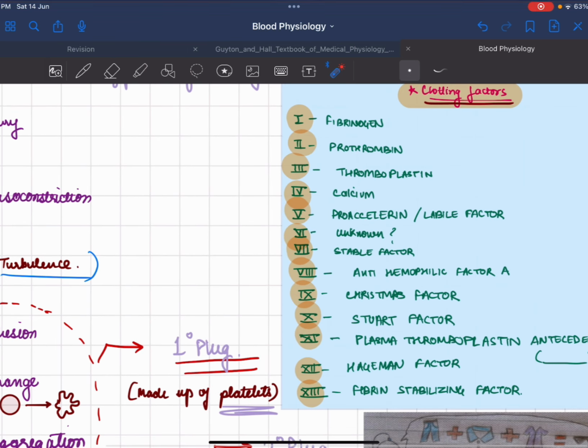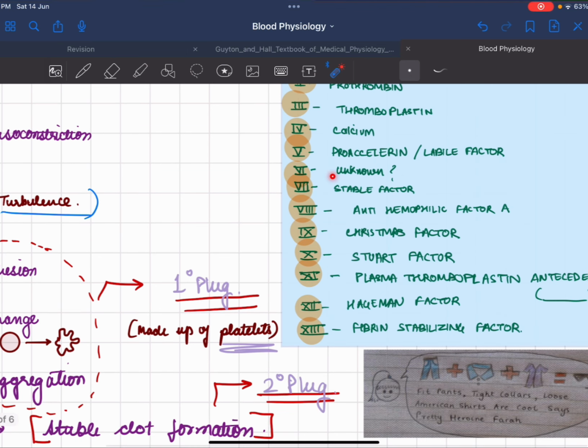So the normal names are: first one is fibrinogen, second is prothrombin, third is thromboplastin, fourth is calcium, fifth is proaccelerin or labile factor. We call it labile factor also. Sixth one is unknown. Seventh is the stable factor.